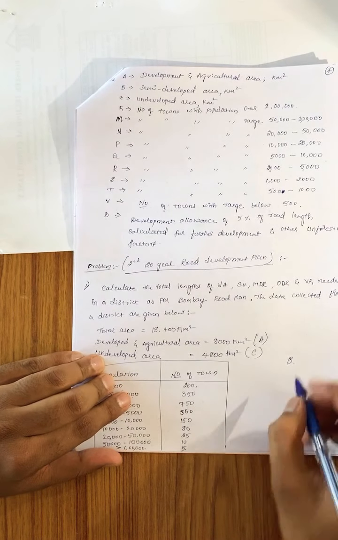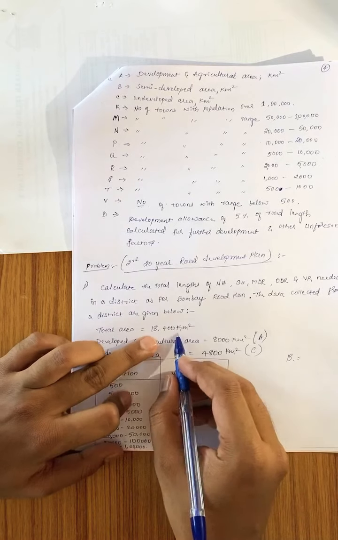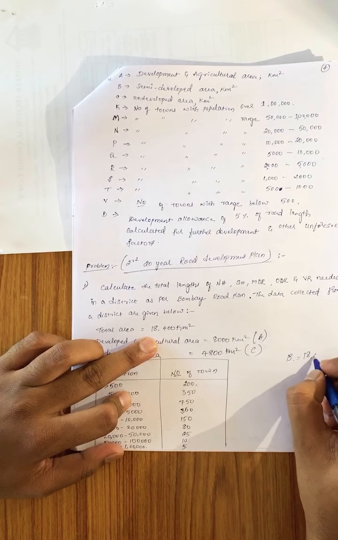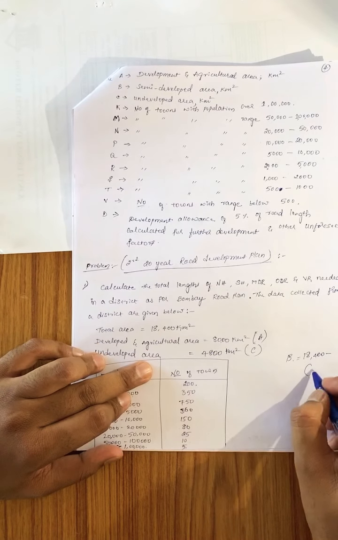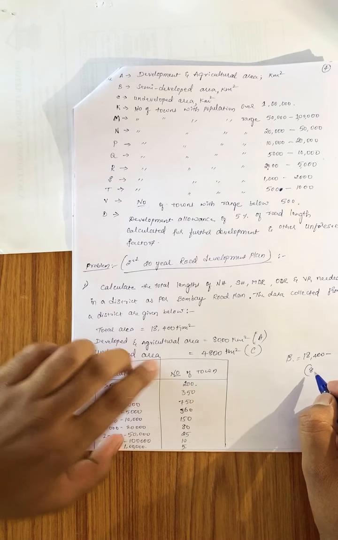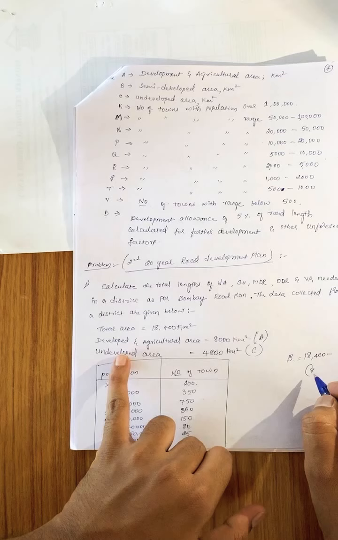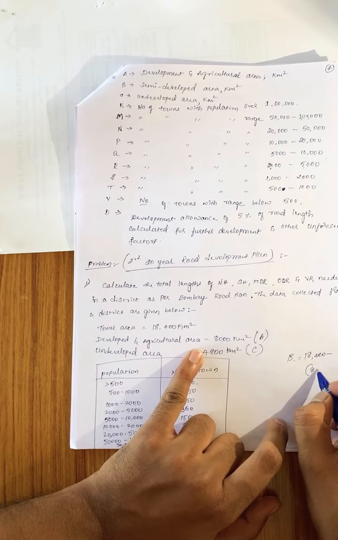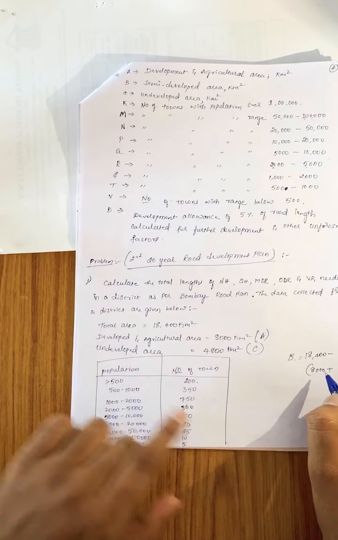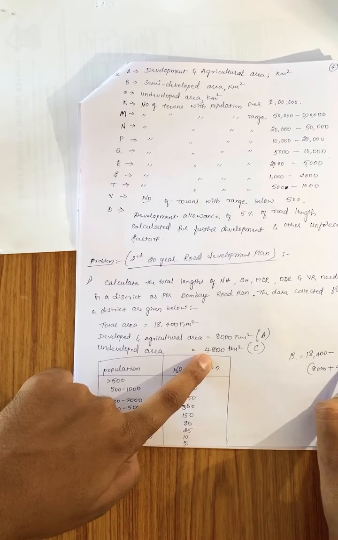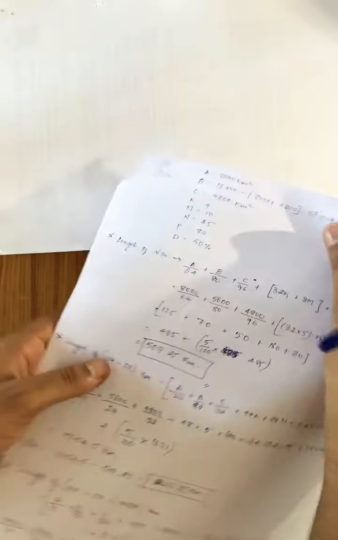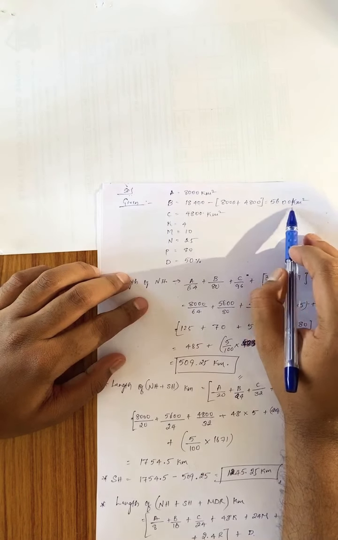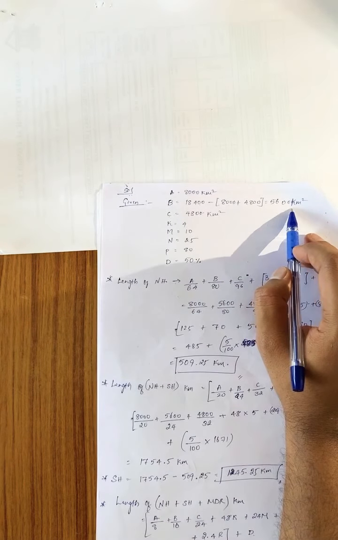By subtracting from the total area 18,400 both A plus C, that is the developed agricultural area 8,000 plus the undeveloped area 4,800, we get the answer as 5,600 square kilometer.